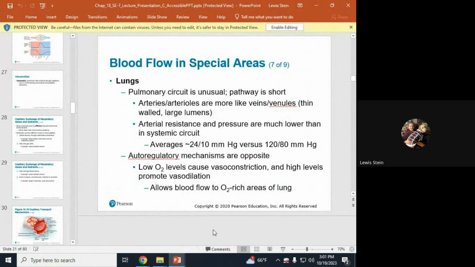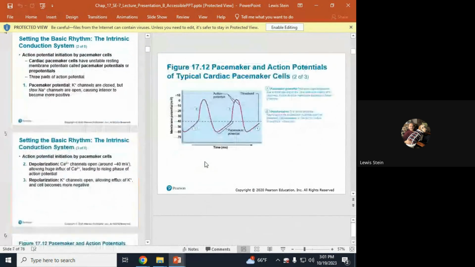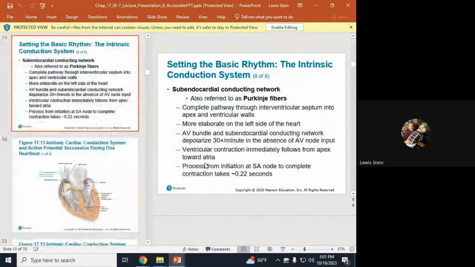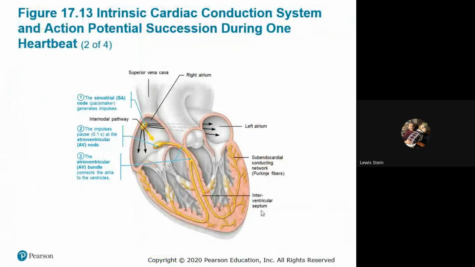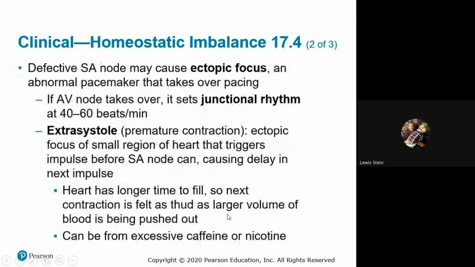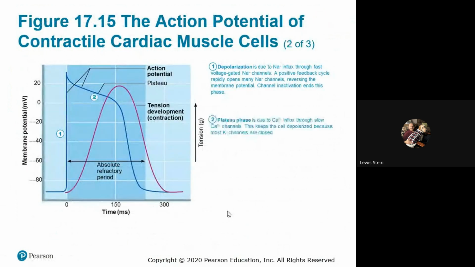And then on B, the only thing that's really relevant on B is this guy. Okay. So you'll have that. There's a couple of others. The SA node, the AV node, the bundle branches, endocardial network, and then the EKG stuff.